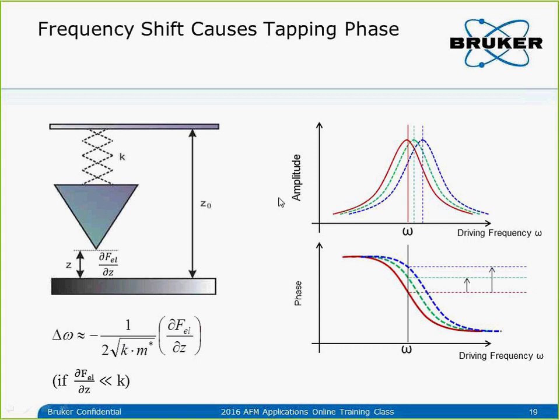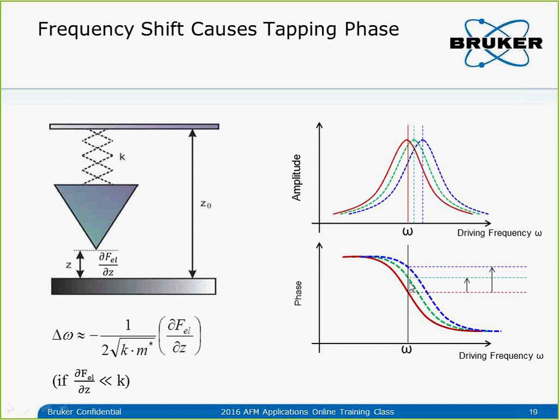And we know, if we look at the tuning curve of the cantilever, the resonance frequency shift actually is the root cause of the phase change, right? When the resonance frequency shifts, the phase curve shifts also, and the intersection point between our drive frequency and the phase curve changes. And this change, delta in the vertical in the phase, that's the tapping phase change, right?